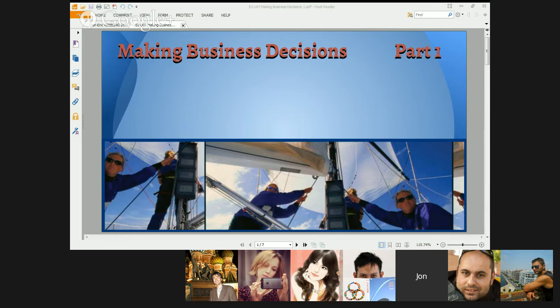There are two different pictures, but I think they're the same people, and there are at least three people in the middle picture. If they weren't working in unison, the ship would not go in the right direction. So they have to make a group decision. I think that's a really good point.